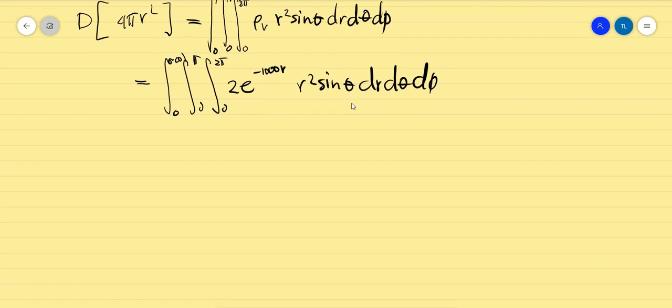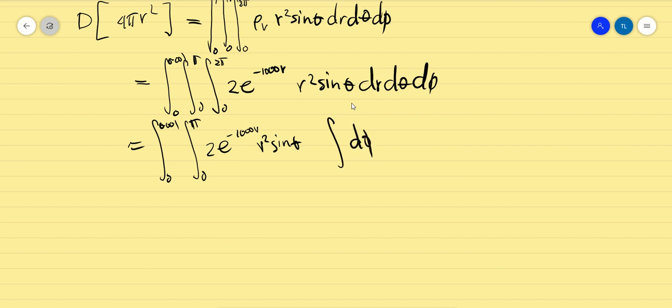Then we can just take all the r squared sine theta, and what is remaining will be d phi from 0 to 2 pi, and dr and d theta.